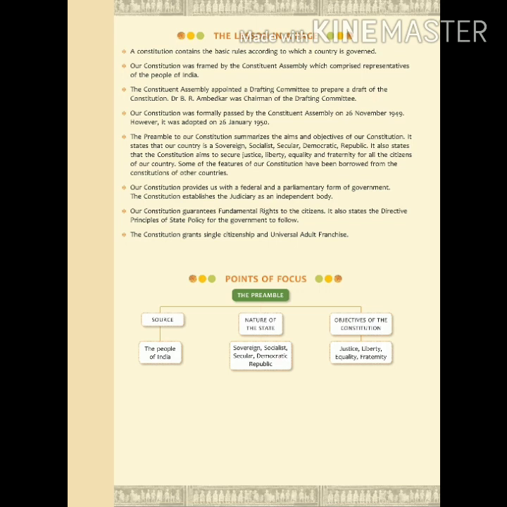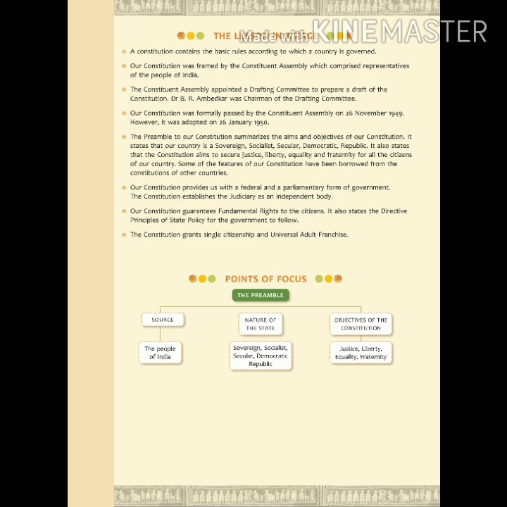That means not of Haryana or Punjab, but you are a citizen of our country. We have different states here, but we are not citizens of the state, but of the country. And universal adult franchise means each Indian citizen above the age of 18 can exercise the right to vote and elect their representatives.